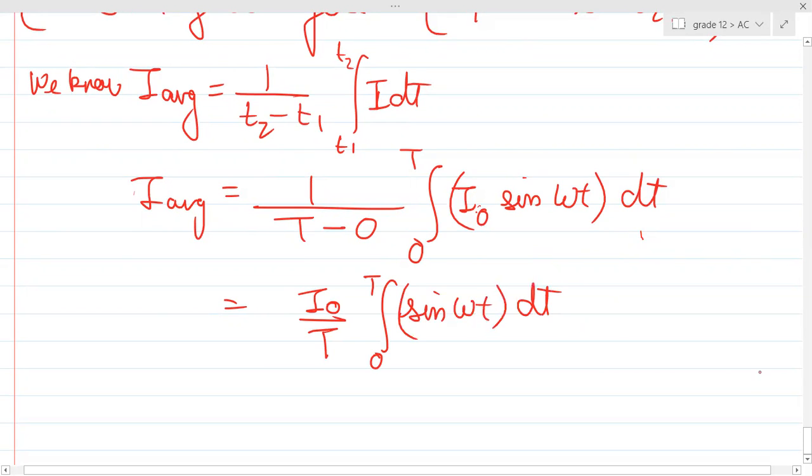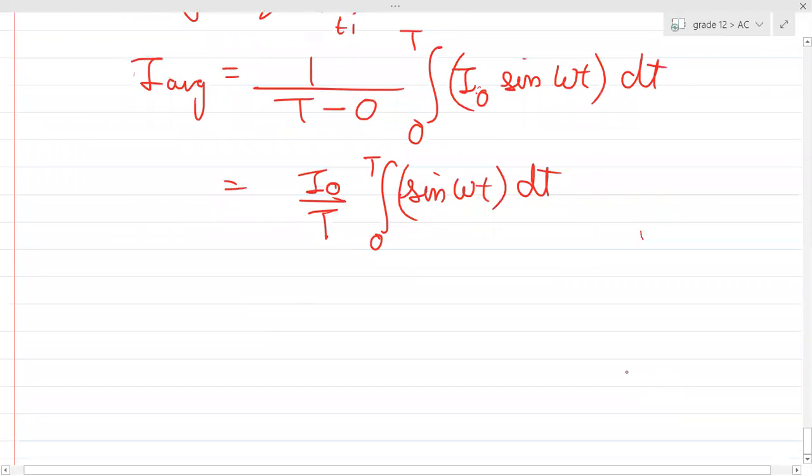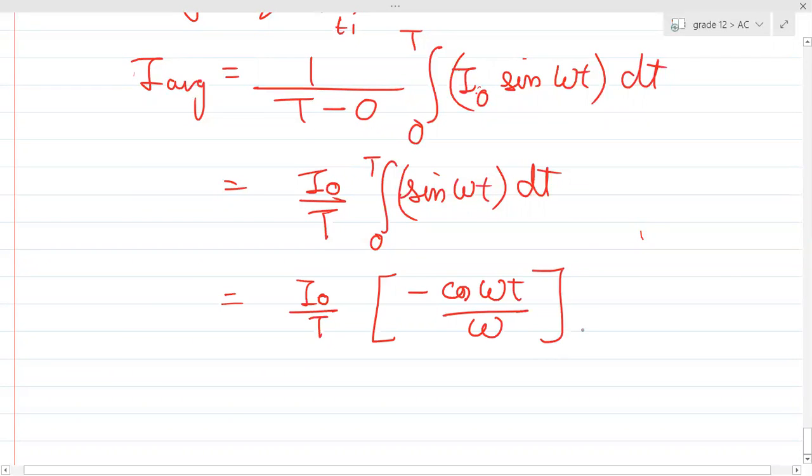What is the integration of sine of omega t dt? Minus cos omega t upon omega, not t. So you'll write minus of cos omega t upon omega from 0 to T, right? Can you see this omega is a constant? Can I take it out? And omega is basically 2 pi by T, right?